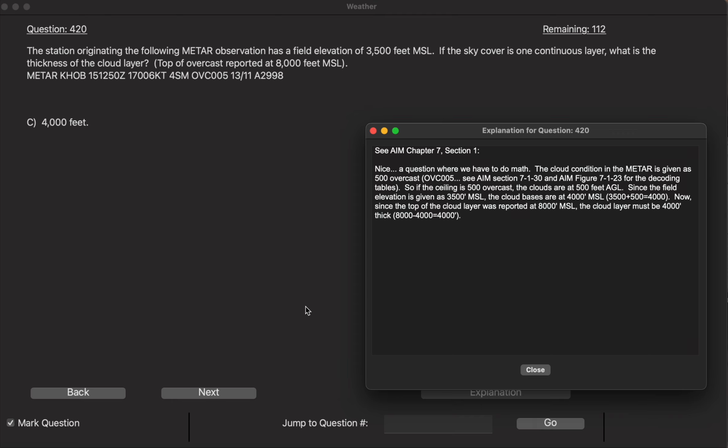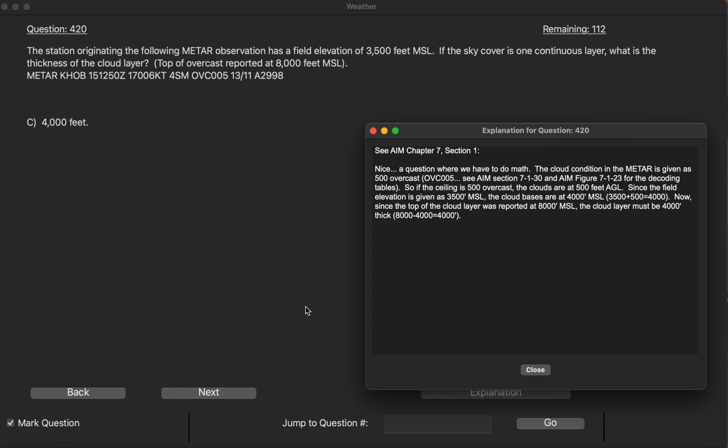So for this, we're going to take our 3,500 feet MSL, and the clouds are based at 500 feet, so that equals 4,000.